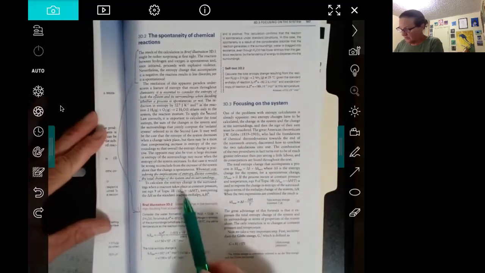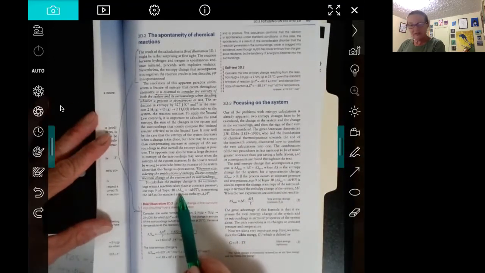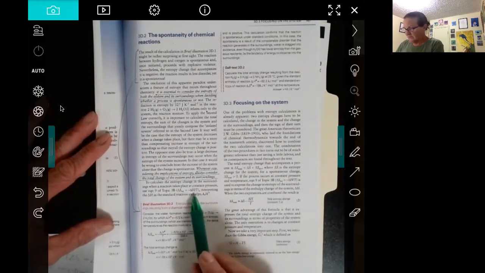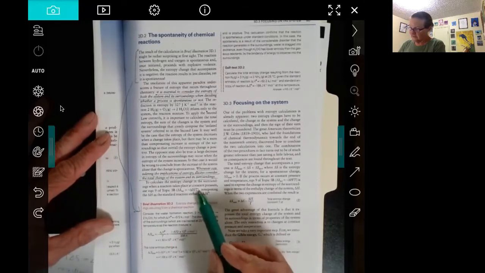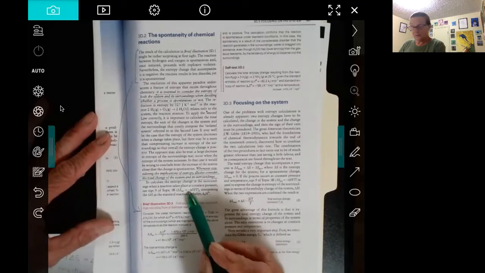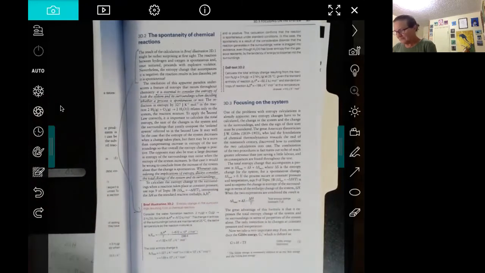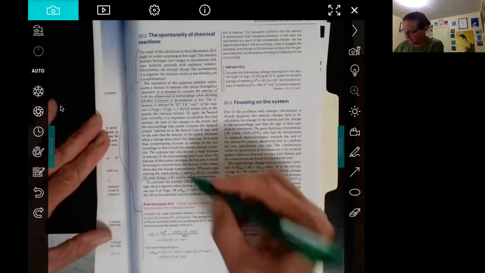So remember from when we introduced the definition of entropy, the surroundings' entropy is going to change by the heat that's given off by the reaction divided by the temperature. So the process is carried out at constant temperature. If the reaction gives off heat, then the surroundings absorbs heat, so we'll change that sign. And it's delta H instead of delta U when it's at constant pressure. So that's the important part.